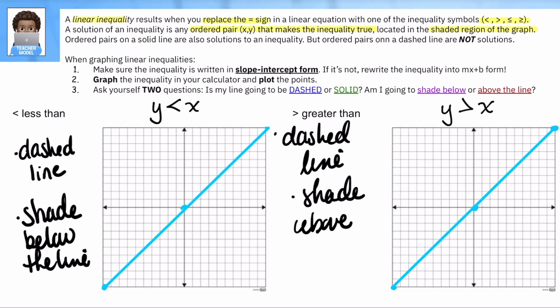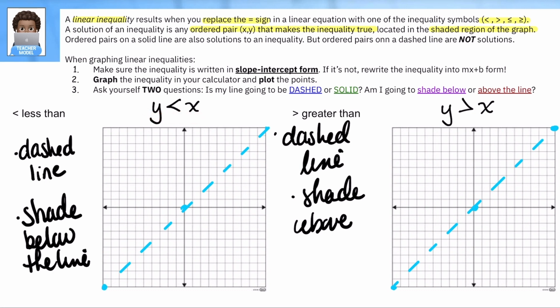So I'm going to use my eraser and turn this into a dashed line. This means that my solution cannot be on this line at all. My solution would not be included here. Now, in this first part, it says y is less than x.